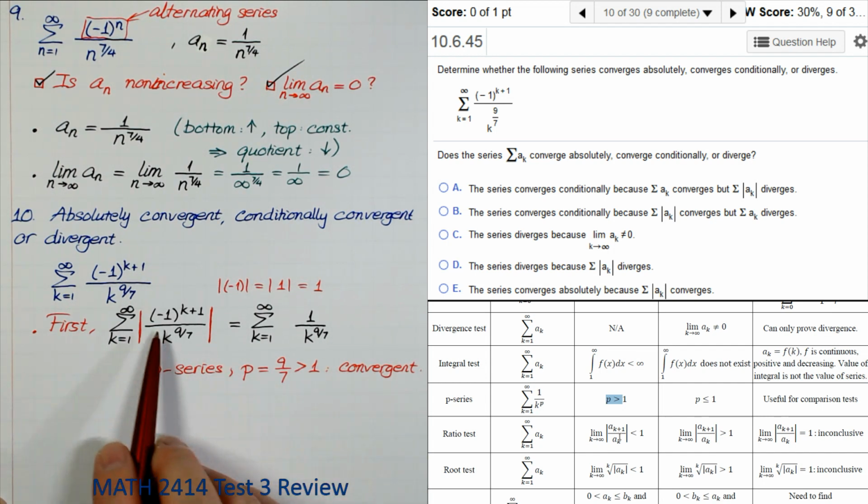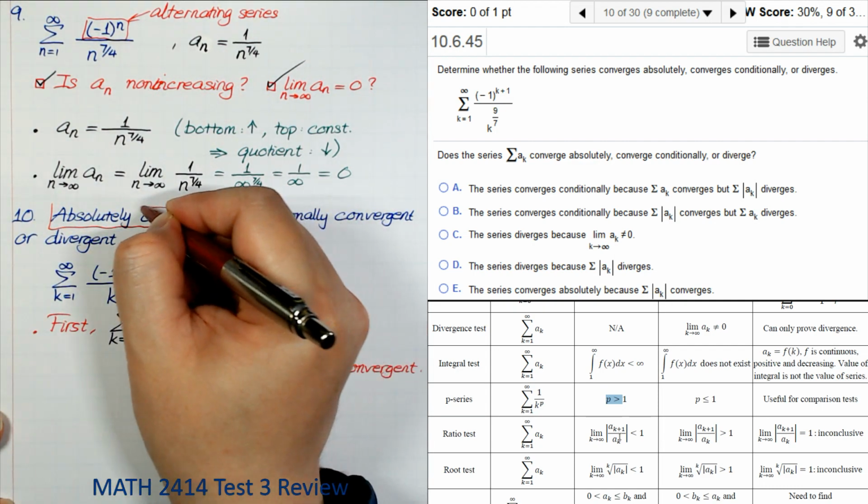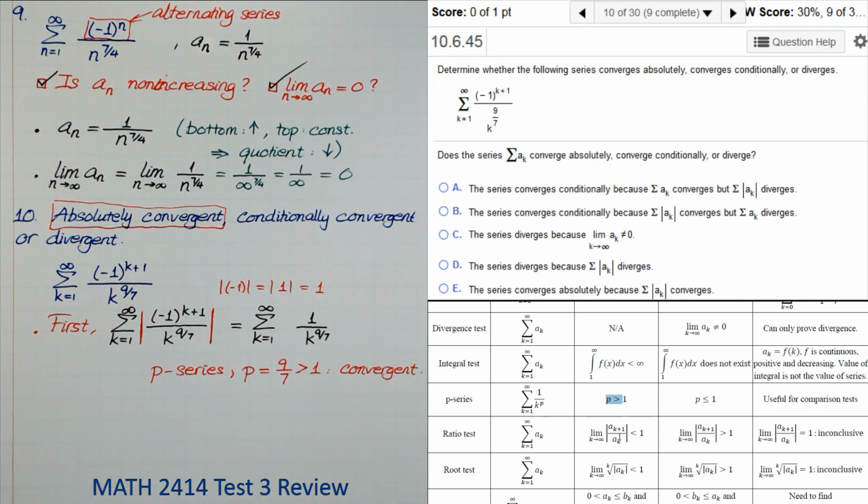And it is convergent with the absolute values, so it will be absolutely convergent. That's all we do, really. So the series converges absolutely because it is convergent with the absolute values. So definitely that option.